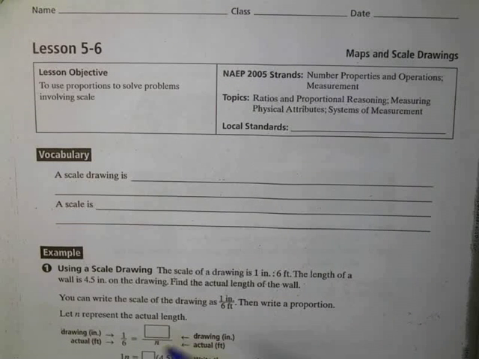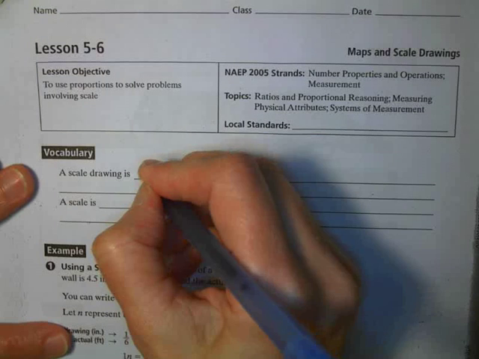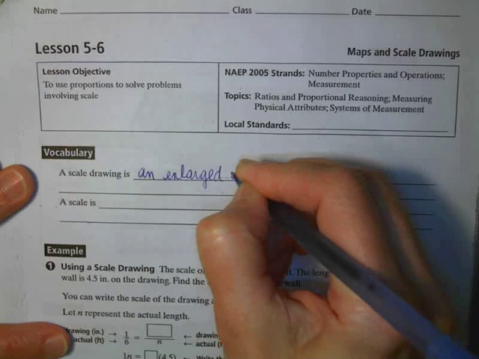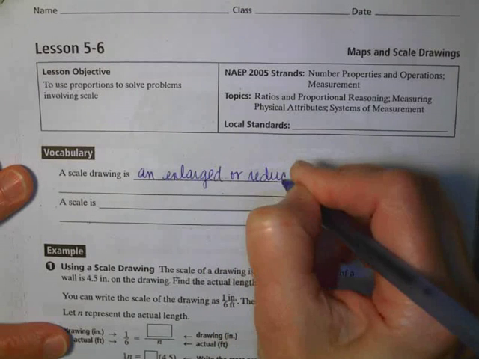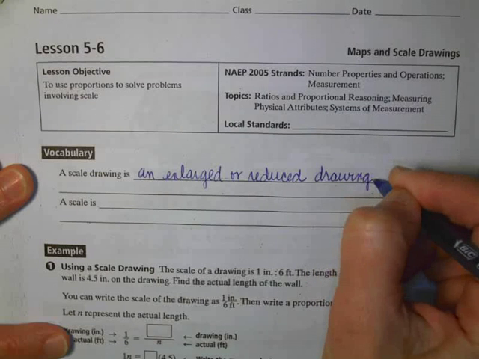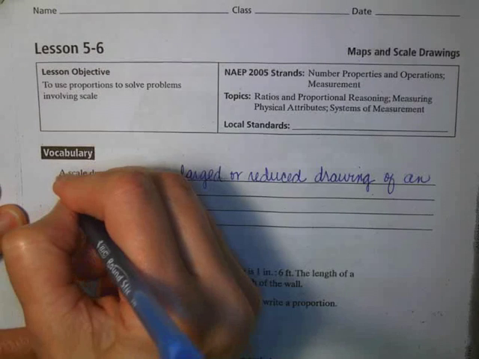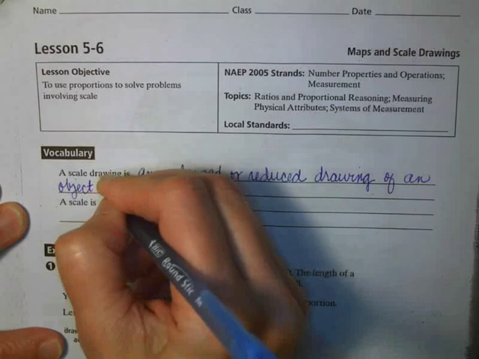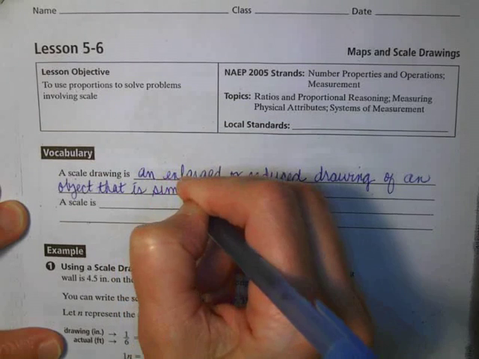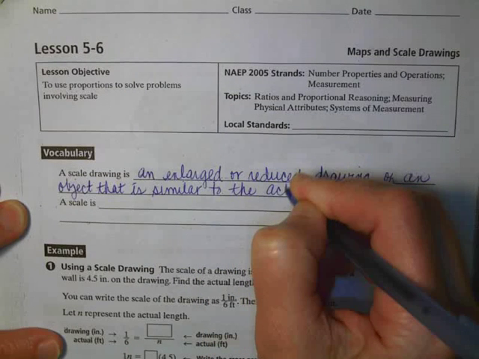Okay, so first of all, a couple of vocabulary words. A scale drawing is an enlarged or reduced drawing of an object that is similar to the actual object.